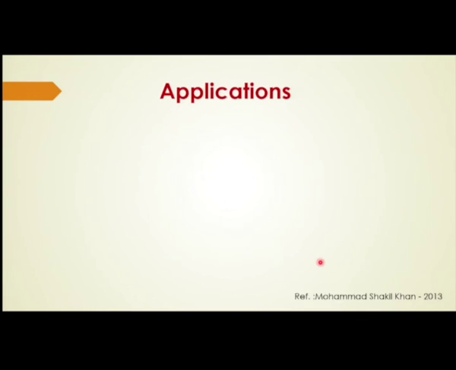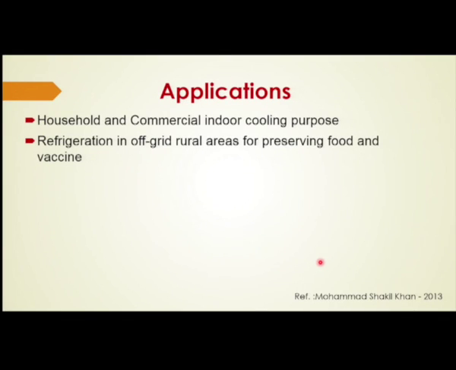And the applications of the solar refrigeration systems: it could be used for household and commercial indoor cooling purposes. For refrigeration in off-grid rural areas, where the grid is not available and power is not available, we can use it to preserve food and vaccines.